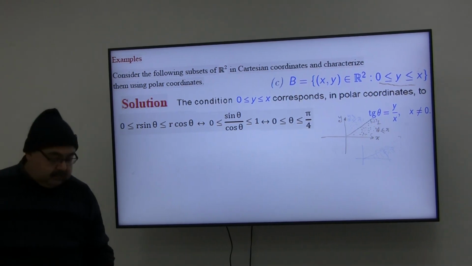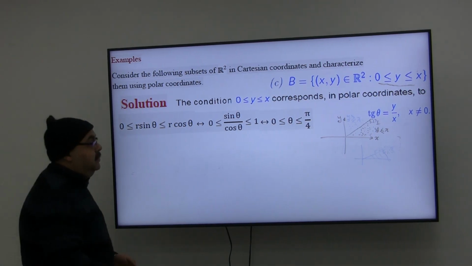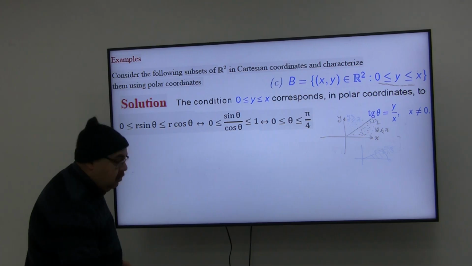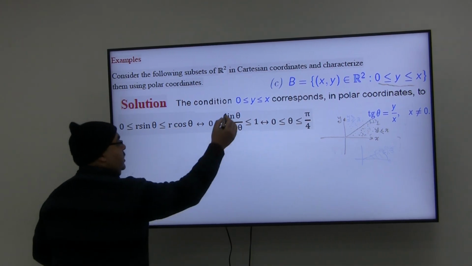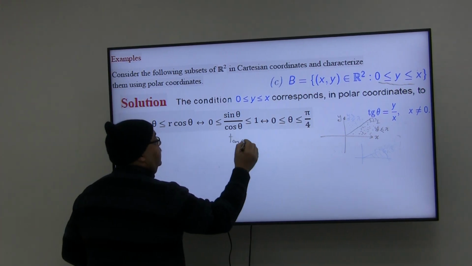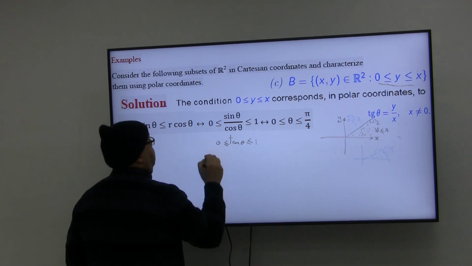أنا مش فاهمة إزاي رحنا من تاني ستيب لتالت ستيب. من أنهي تاني ستيب لتالت ستيب؟ اللي هي فيها sin theta over cos theta بعد كده. ما هو أصل إحنا يعني إيه سابقين. sin theta over cos theta بيديلك مين؟ tan. وكده tan theta is less than or equal 1 or greater than or equal to كام؟ 0.